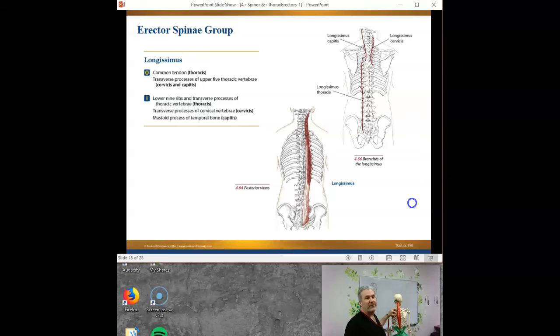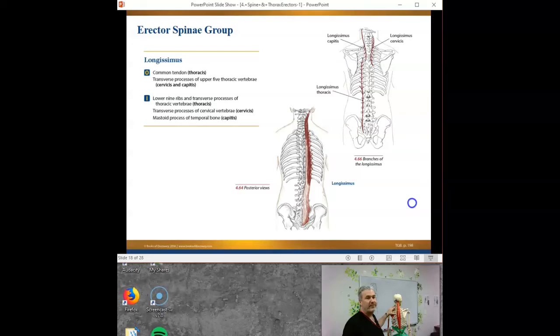Read the insertions for me if you don't mind. Sure. Lower 9 ribs and transverse processes of thoracic vertebrae. Transverse process of cervical vertebrae and mastoid process of temporal bone.